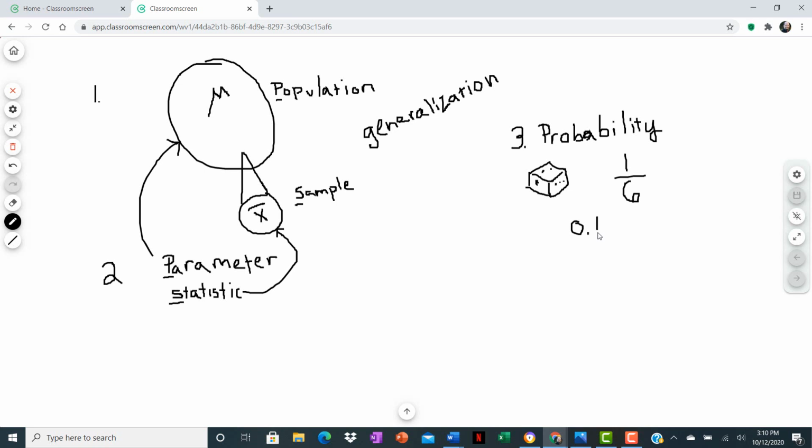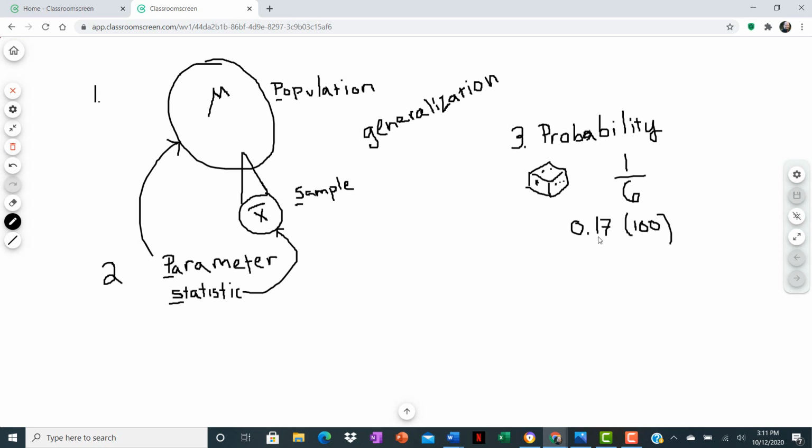0.166666666. To make it cleaner, if we want to convert it to a percentage, we just multiply the decimal by 100. Then we have a nice clean percent.